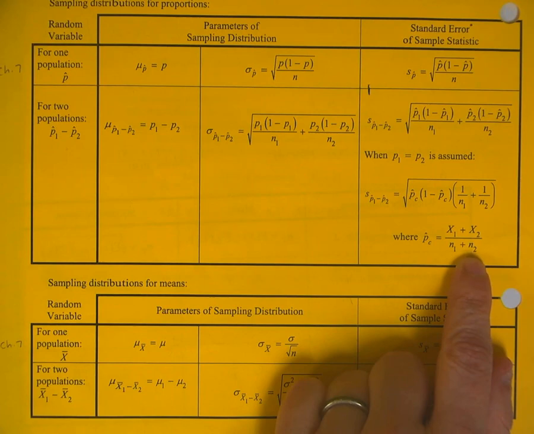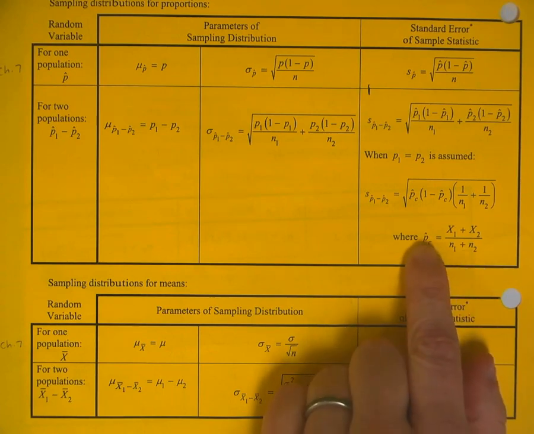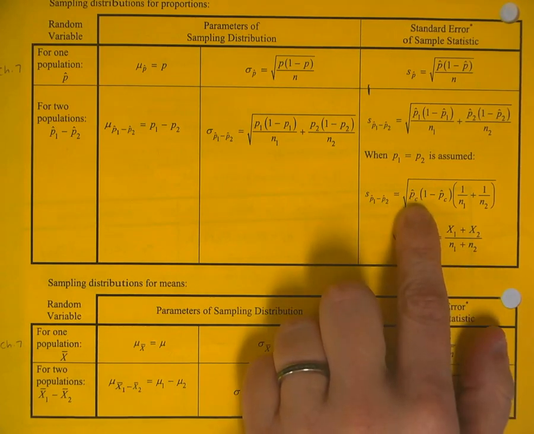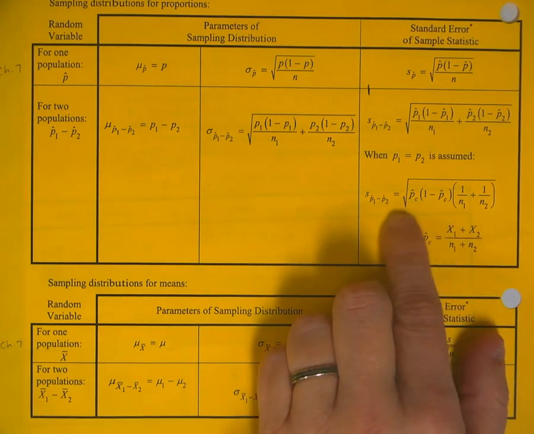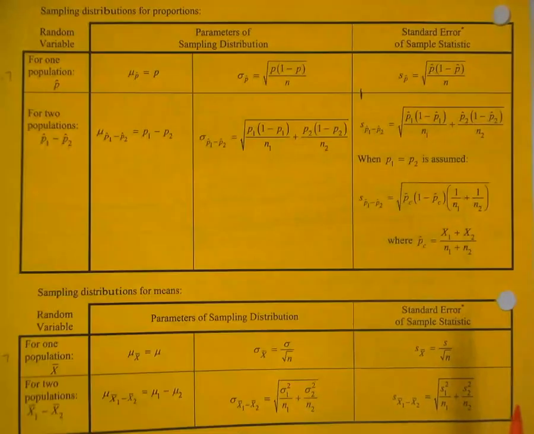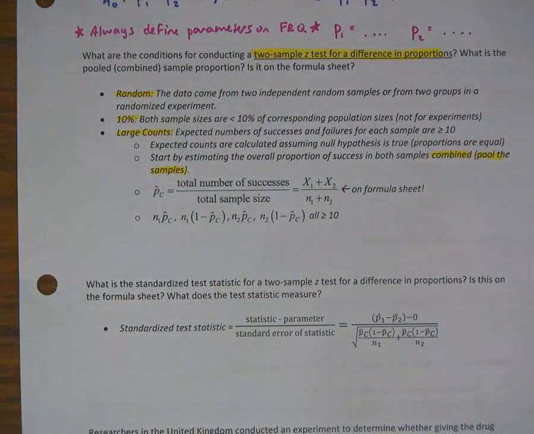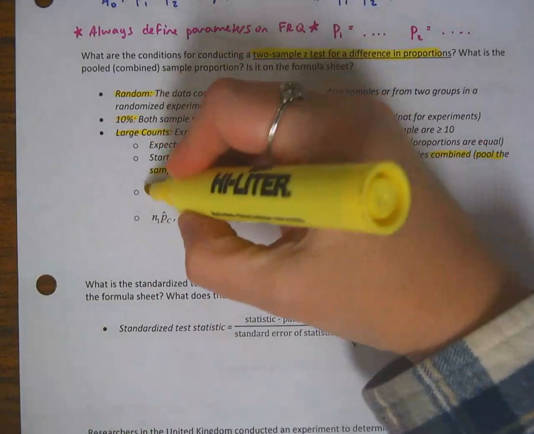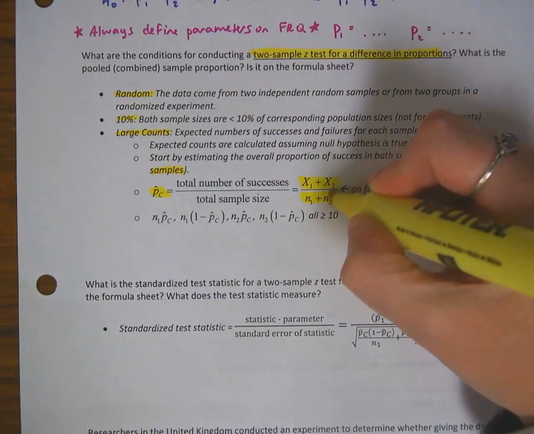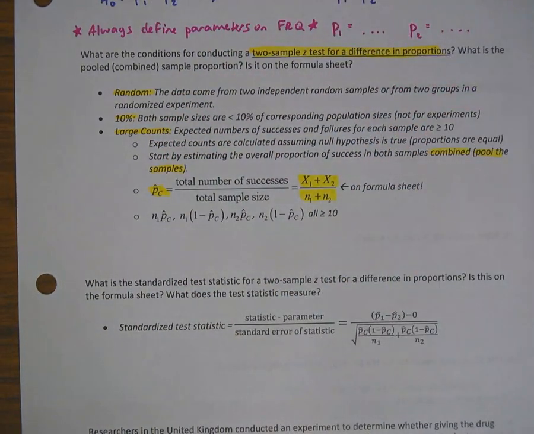So add the sample sizes together. That's going to give you p hat sub c, which you notice we're going to need in the formula for the standard error of this statistic. So don't be too scared yet. You can think of p hat c as just the combined statistic. This is on the formula sheet, so I'm going to go ahead and highlight that. Number of successes total over the total sample size.